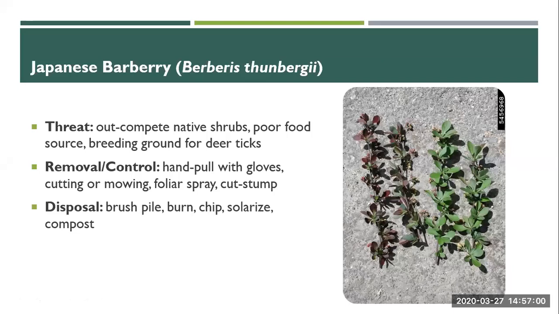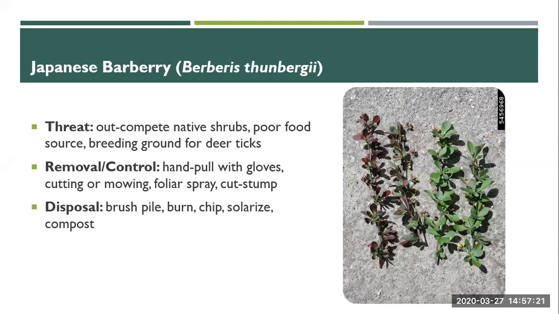Japanese barberry outcompetes native shrubs and is not a very great food source for birds and other wildlife. They also are a breeding ground for deer ticks and white-footed mice that carry diseases and other ticks. So it's important to remove them.